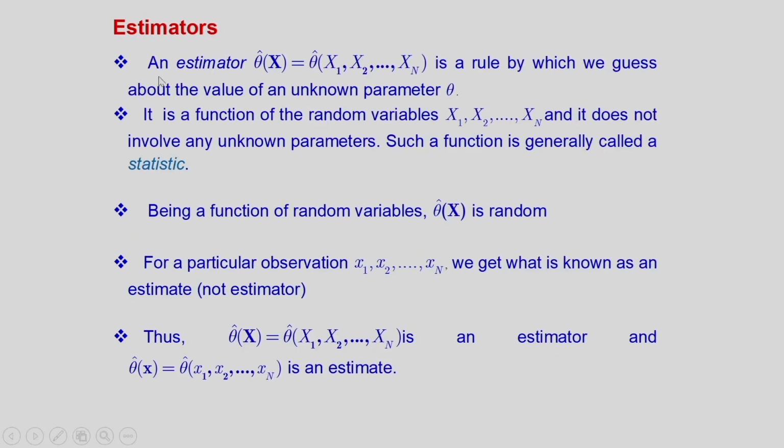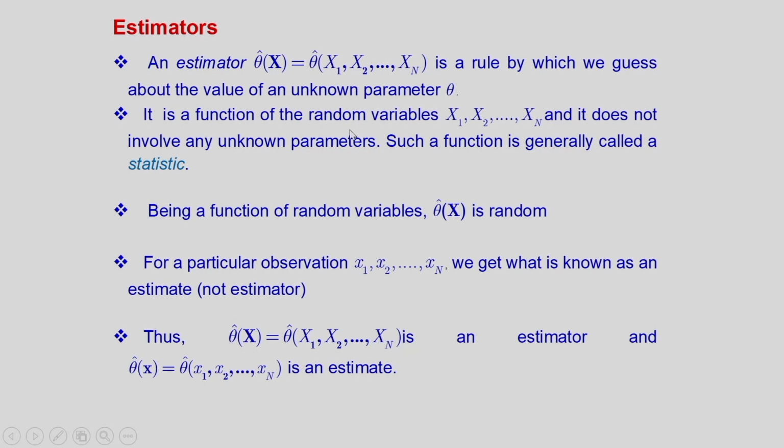Now, what is an estimator? An estimator theta hat of X, that is theta hat of x1, x2 up to xn, is a rule by which we guess about the value of an unknown parameter theta. So, we will guess about the unknown parameter theta using this rule.